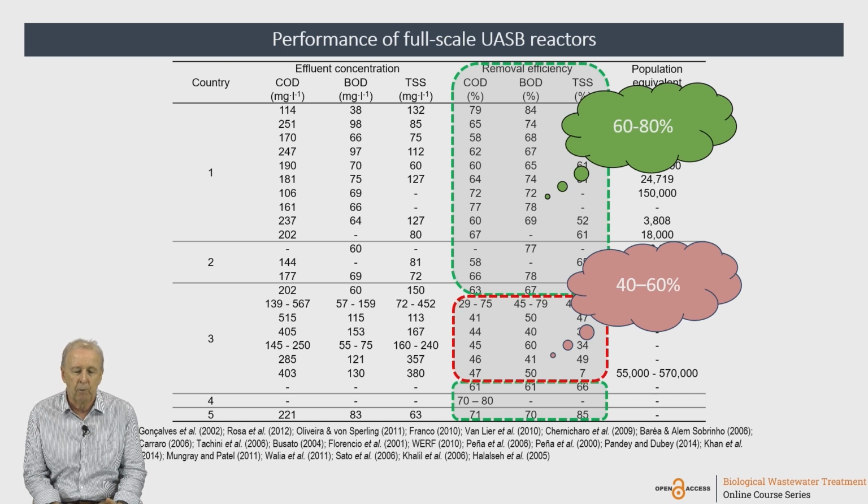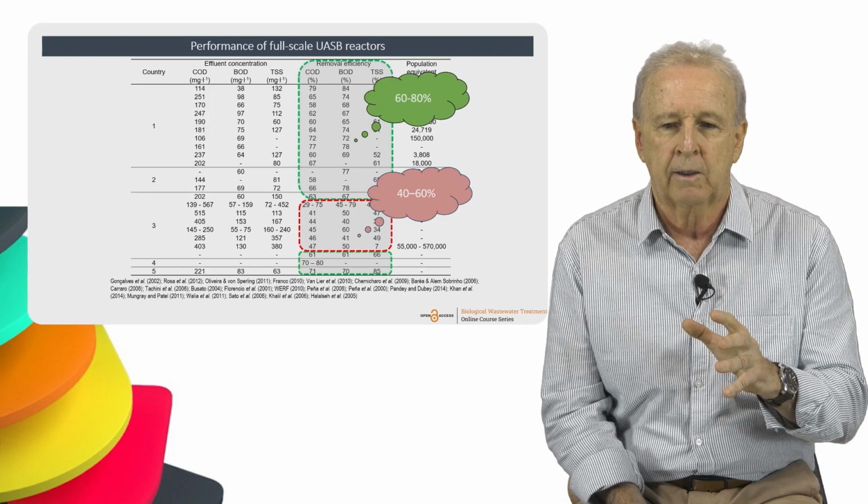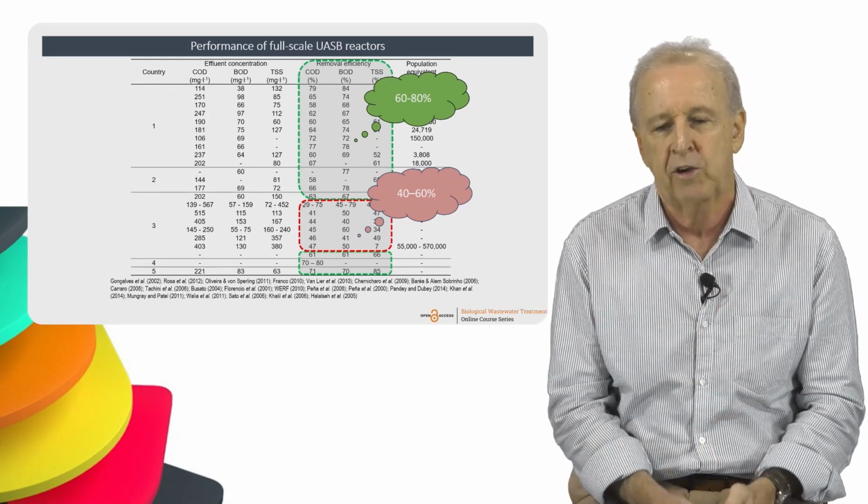It is very probable that these reactors also have some sort of design problem or even a construction problem. So usually plants that do not perform well can be attributed to design, construction, and operation.